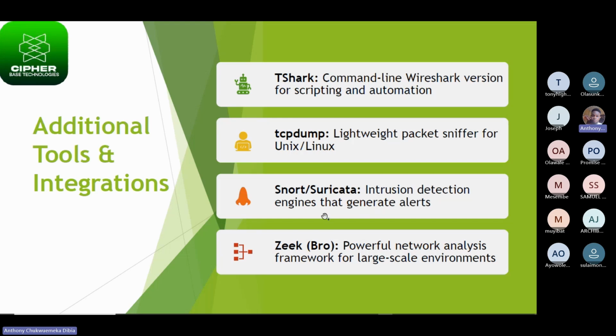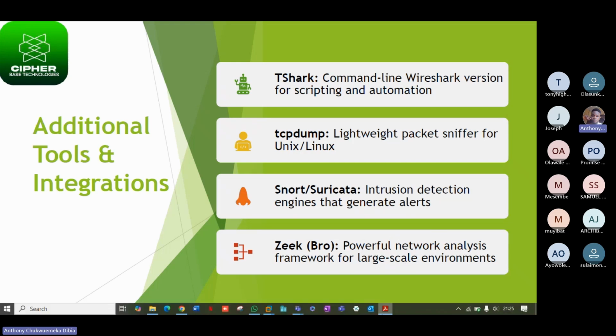Then we have Snort and Suricata, intrusion detection engines that generate alerts. An example of intrusion detection system software is Snort. Now we also have Zeek, a powerful network analysis framework for large-scale environments.